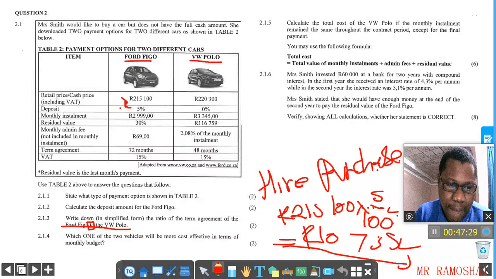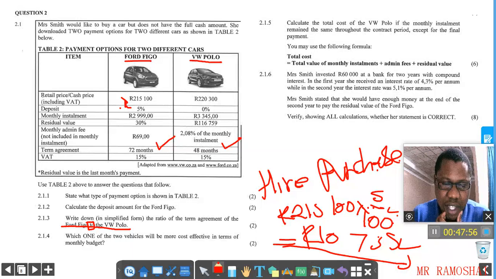Let's go back. Right. Which one of the 2 vehicles will be more cost effective in terms of monthly budget? When you look at the 2 cars, this car, you are going to take long to pay it, but when you look at this car, it's going to take less months to pay it.